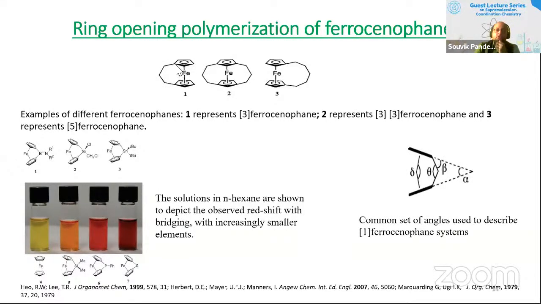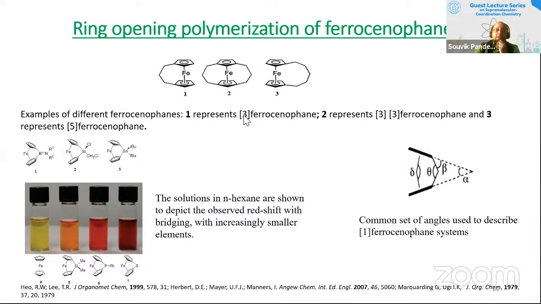Ferrocenophane is actually joining two rings together. So see, this is CH2, CH2, CH2, a compound with carbon only here. These ferrocenophanes were represented like this. If you have a three carbon compound, CH2, CH2, CH2, you can call it like this.